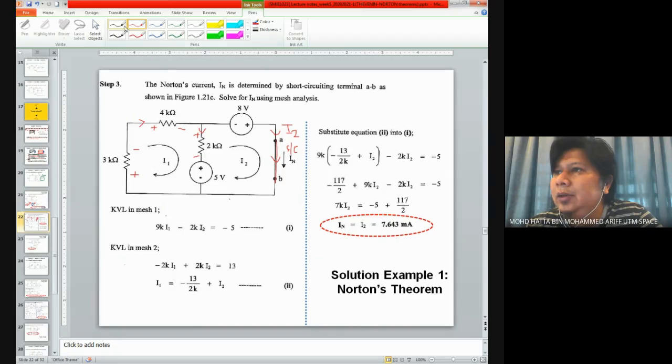And later on, you set up a Kirchhoff voltage law equation at mesh number 1.